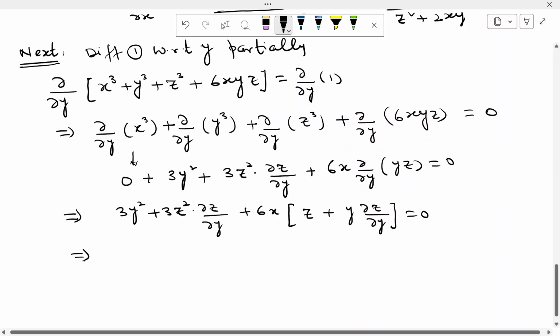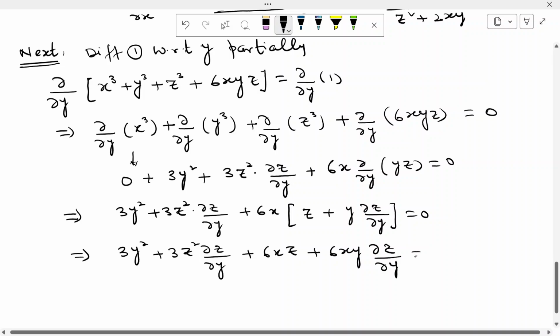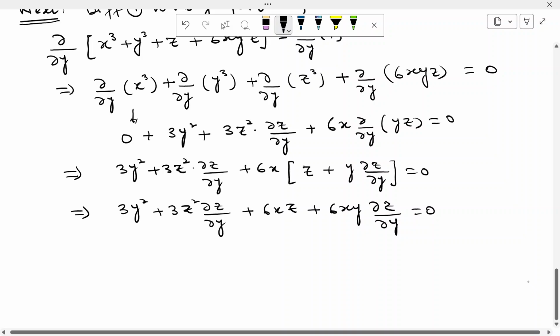So from here we will get 3y² + 3z² ∂z/∂y + 6xz + 6xy ∂z/∂y = 0.